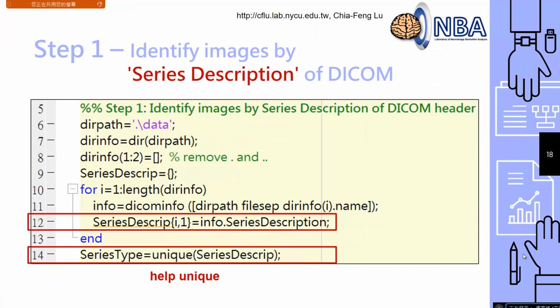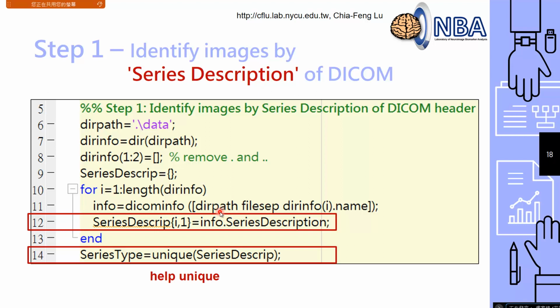Again, I just want to emphasize that within this info variable, we do have so much information inside. You can spend some time on it. If you really want to know the medical imaging information, you can browse through all the field names, so you may get a general idea about what we can access within this DICOM information.